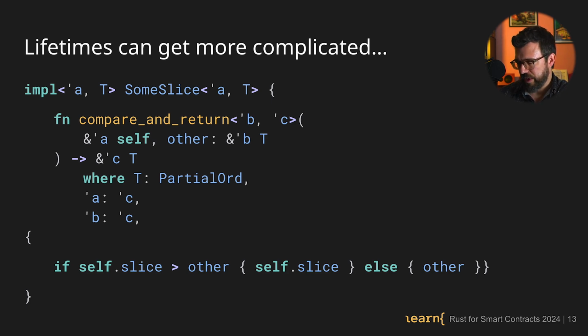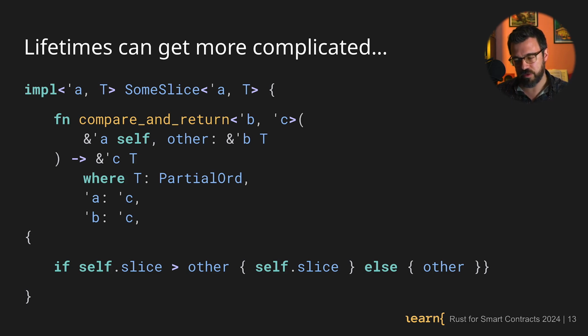We've got a struct implementation that relies on lifetime A, and then we have this compare and return function that deals with lifetime B and C, and we have self, which lasts for lifetime A, and some other thing that lasts for lifetime B, because maybe it doesn't have the same lifetime. And then we're returning a thing that lasts for lifetime C, where we are guaranteed that A is at least as long as C, and B is at least as long as C. This is kind of a mess.